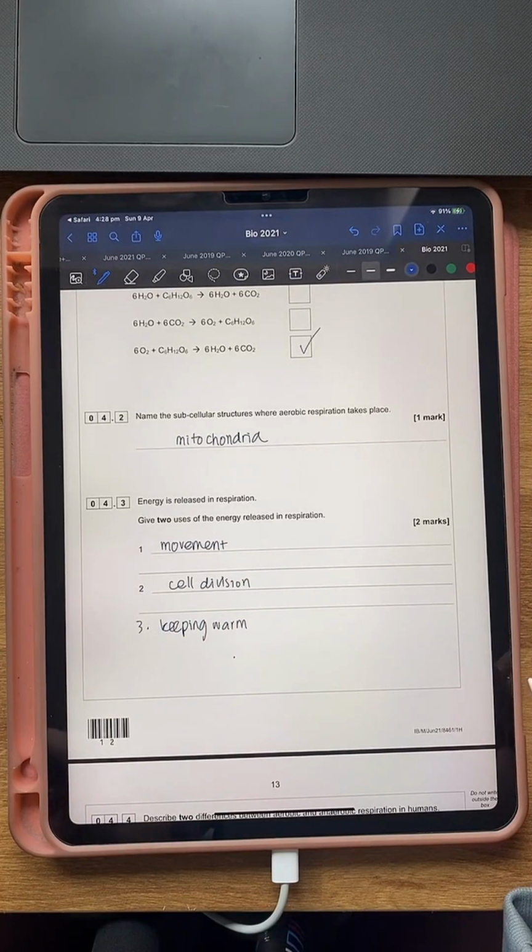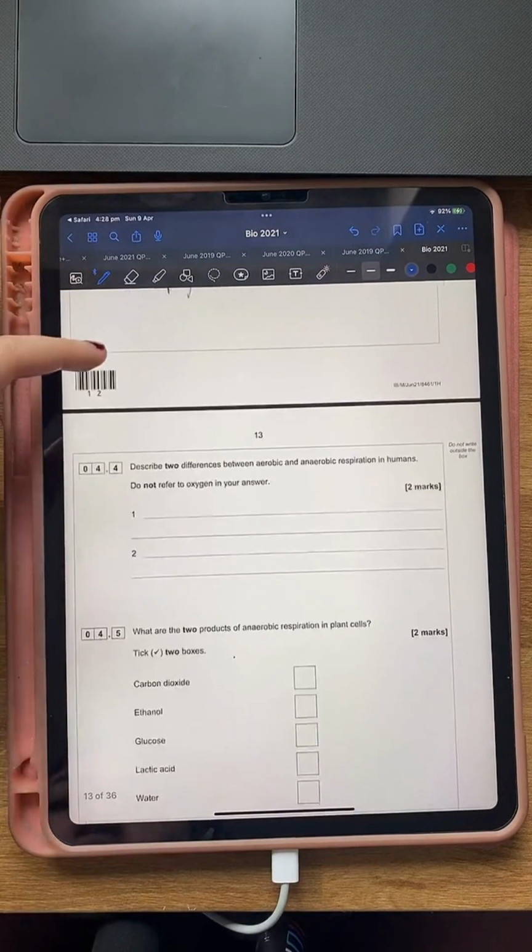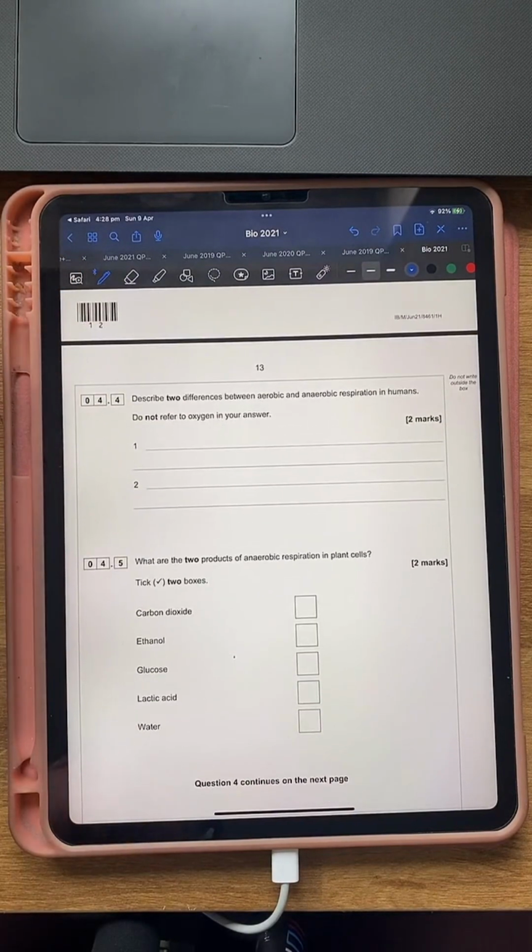Describe 2 differences between aerobic and anaerobic respiration in humans. Do not refer to oxygen. I'm using good notes for this. This is AQA. Anaerobic causes lactic acid. Yep, produces lactic acid.